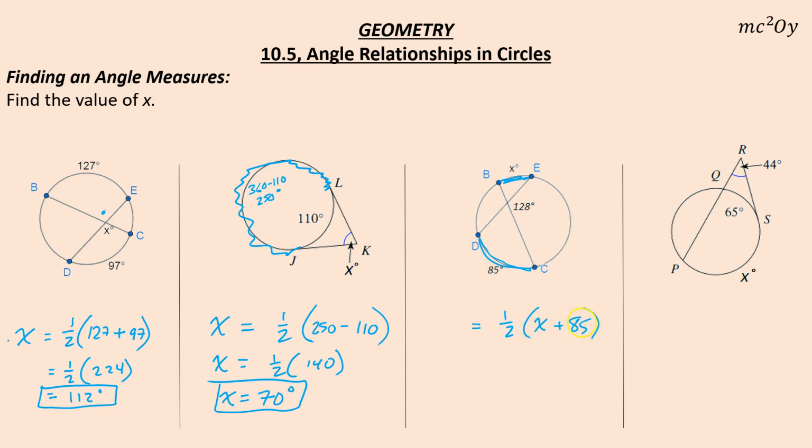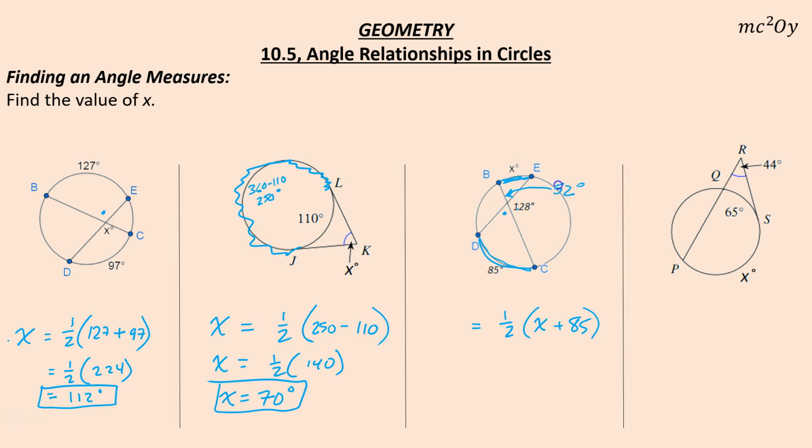Notice my variable's on the inside of the parentheses. However, I need this angle or this angle. They're congruent. Notice that either one of those angles is supplementary with 128. That means this plus 128 has to equal 180, meaning this angle right here, 180 minus 128, is actually 52 degrees there.